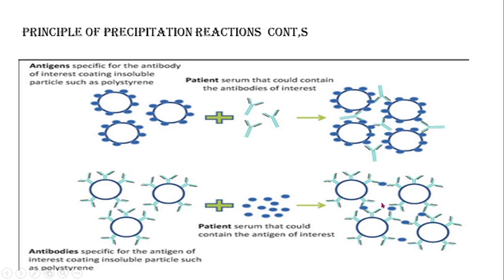You see that this is the lattice, or the insoluble precipitate, because there is saturation of the antigen and the antibodies, meaning the antigen is able to bind to more than one antibody, which results in the formation of the cross link, one of the most important factors in the precipitation reaction.